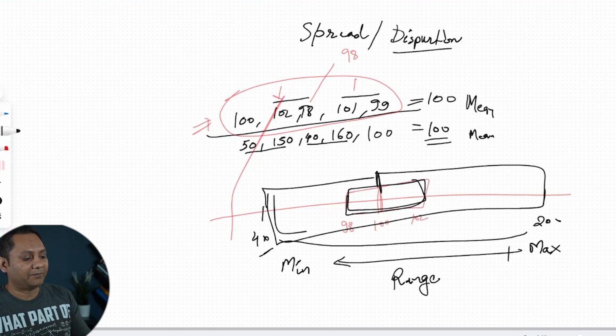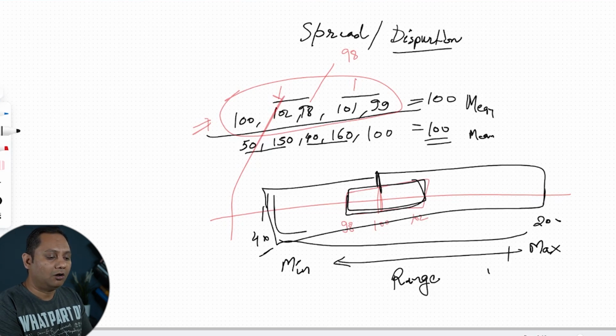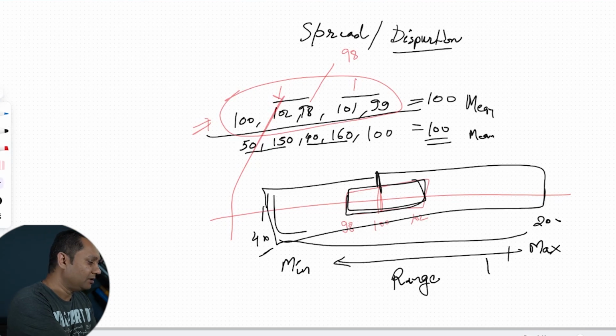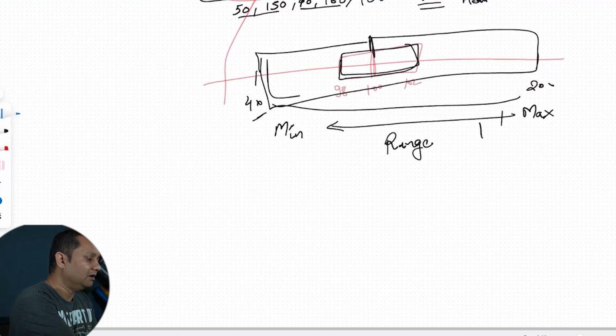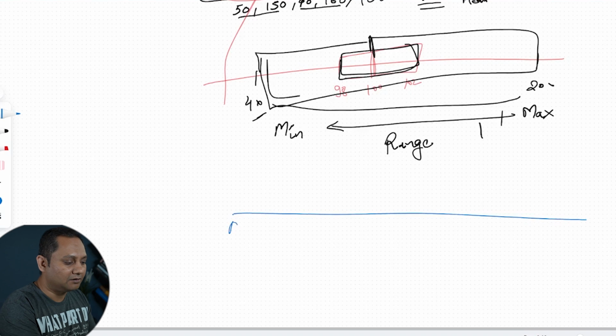The other way of representing this data, again, there is a better way of representing it. What if I knew all my data, like rather than just knowing the minimum and maximum, I also knew how the data was spread in the middle, probably something like this. So this is my data, I know the min, I know the max, right?